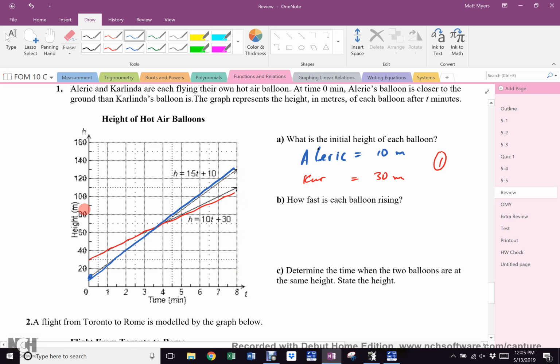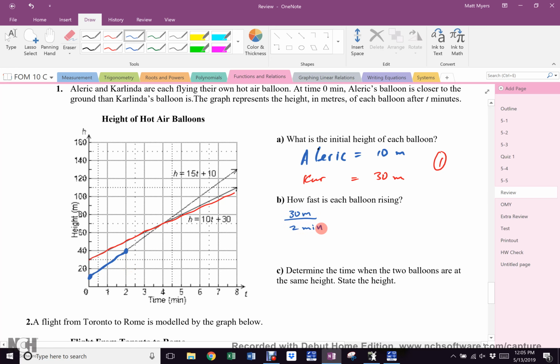We could do meters per second. As long as we have a distance divided by a time, we're in good shape, right? Everyone agree? So I'm going to look at this blue line and I'm going to say, well, that blue line seems to go right there, yes? And it went up 30 meters in how many minutes? 2 minutes.